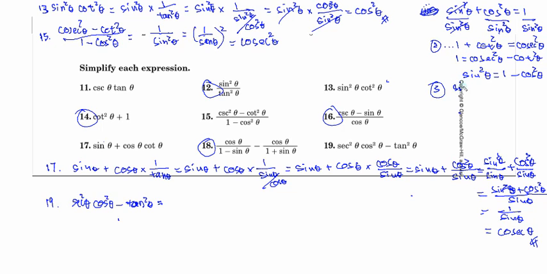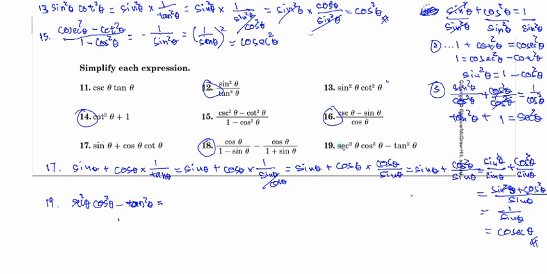Sine square theta over cosine square theta plus cosine square theta over cosine square theta equal to 1 over cosine square theta. This one becomes tangent square theta, plus this cancels and becomes 1, equal to secant square theta.